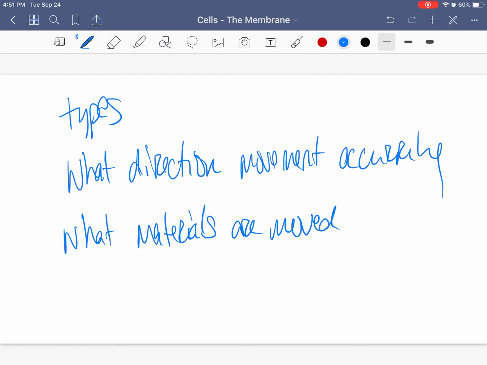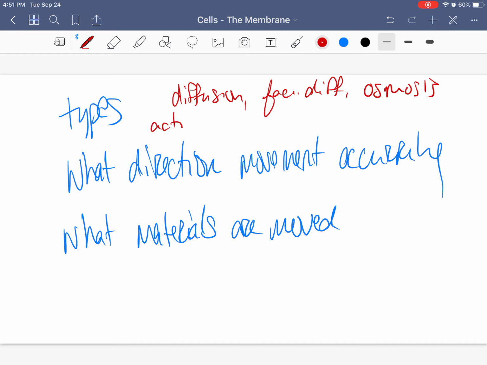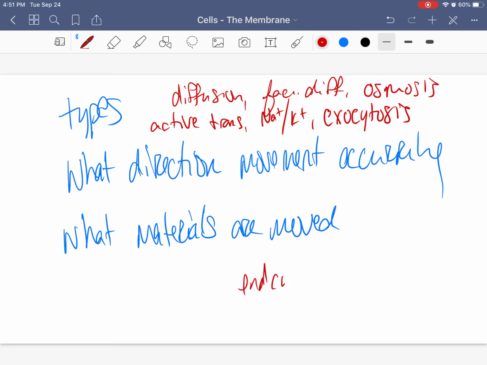So if you can do that for all those different types of cell movement, so we've got, what did we talk about? We talked about diffusion, facilitated diffusion, osmosis, active transport, specifically the sodium-potassium pump, exocytosis, endocytosis.